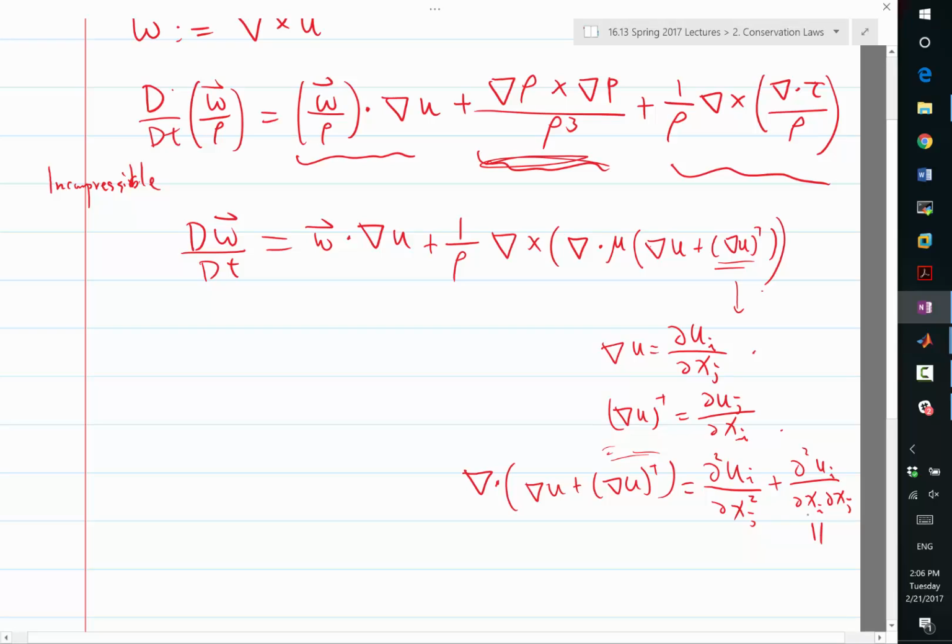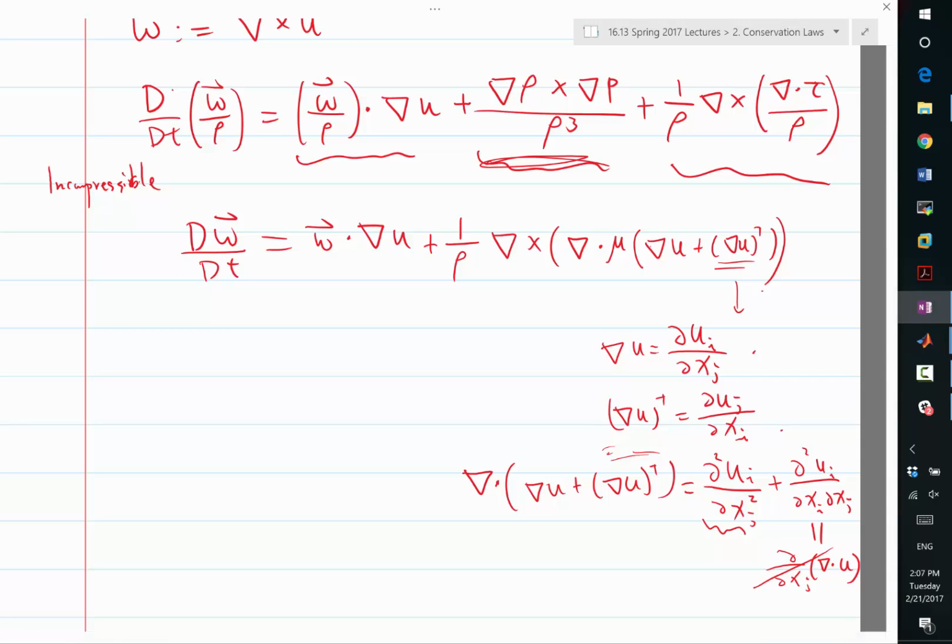And this particular term is the j directional derivative of what? The divergence of u. So if the divergence of u is equal to 0, then this term is gone, and you only need to consider the Laplacian of the velocity for your viscous stress tensor.